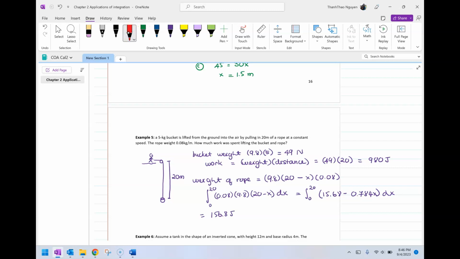So the work spent lifting the bucket and the rope is the total work, equal to 980 joules plus 156.8 joules, and that is 1136.8 joules.